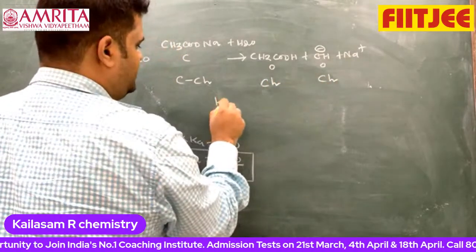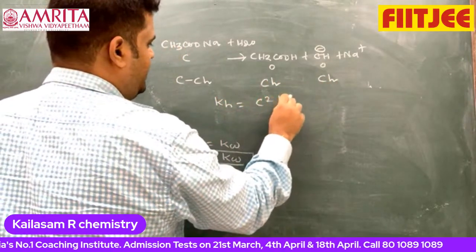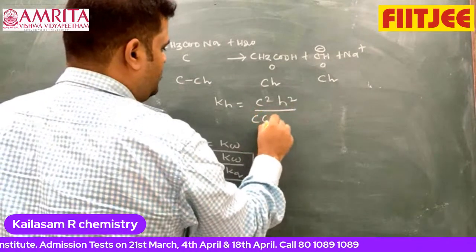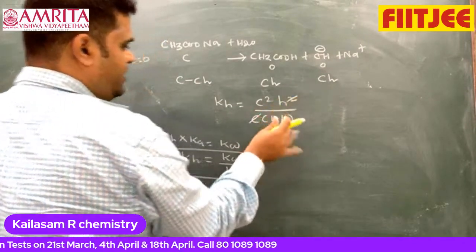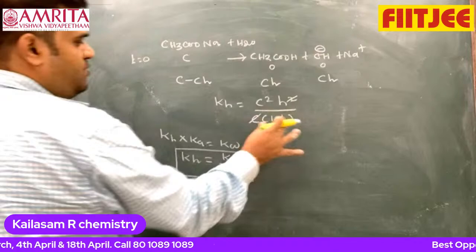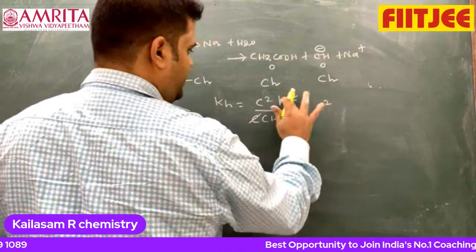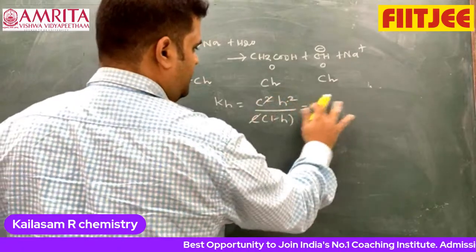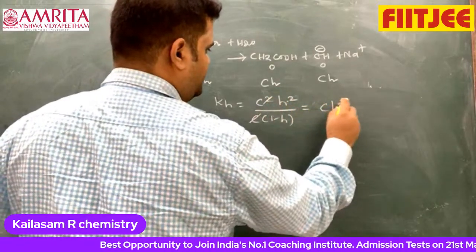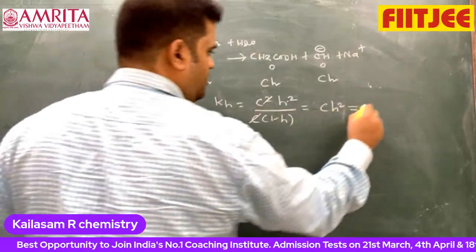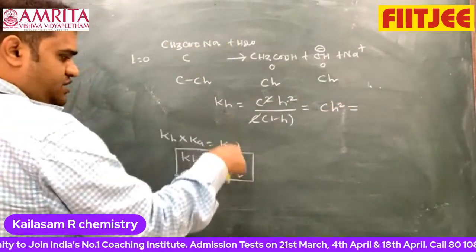Now I can write KH as C squared h squared by C into (1 minus h). Cancel off. Assume that h is much less than unity, so 1 minus h is approximately 1. Therefore C h squared is equal to KH, which is Kw by Ka.